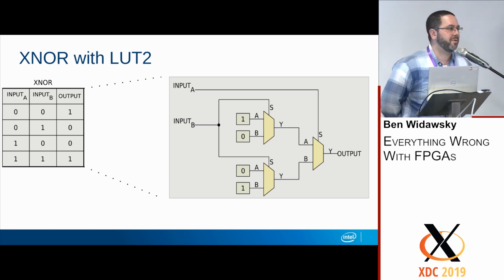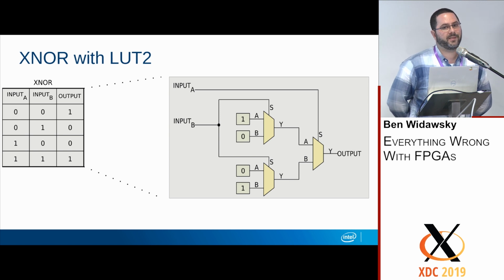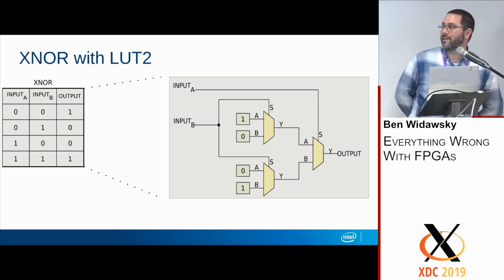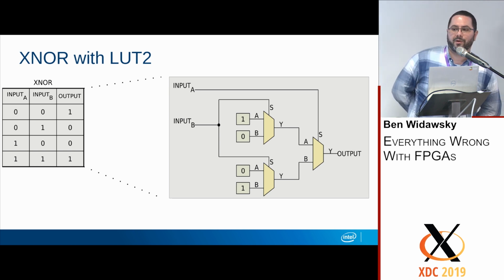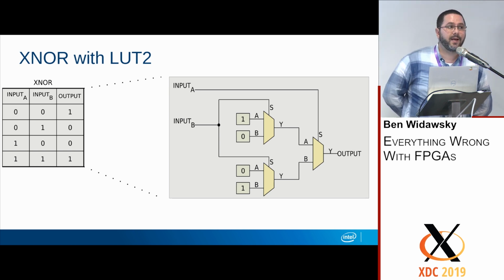Maybe a question for the room. Can anyone tell me what might be different with a lookup table-based XNOR versus an actual exclusive NOR gate? Slower, yes, very good. There's delay, because all these muxes are driven by a clock, and so for every layer of mux, you're potentially adding delay.